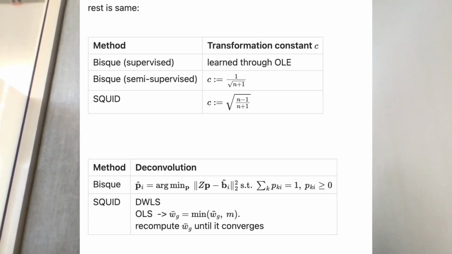Basically, the dampened weighted least squares means you apply least squares and do it weighted, so you see what minimizes the error further if you weight specific genes more or less, and you do this over some iterations until it converges.